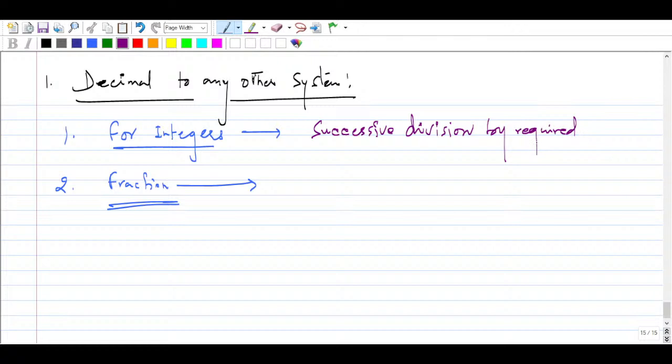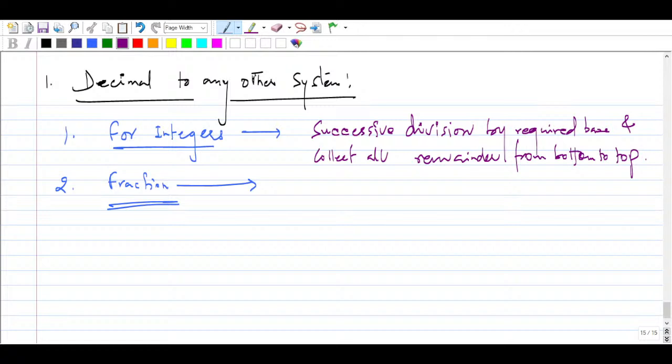So successive division you have to perform by the required base, and then collect all the remainders from bottom to top, because already you have studied that when you divide something you will have a remainder.